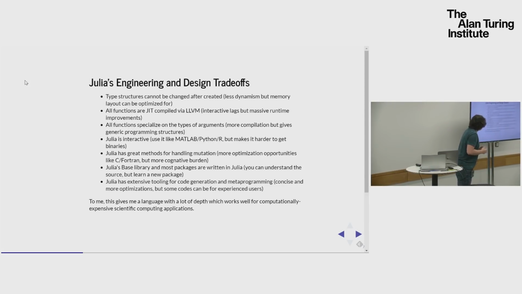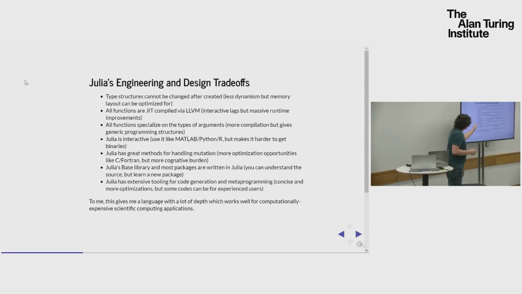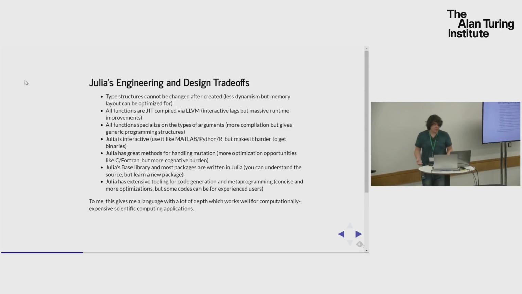There's a few more trade-offs, and one of the ones that I'll mention here is that Julia has a lot of tools for code generation and metaprogramming, which, as you saw in the last talk, there are some really nice things that you can do. You can create all sorts of domain-specific languages, but that does mean that some code will be more difficult than other code because Julia is really a language that has a rabbit hole.